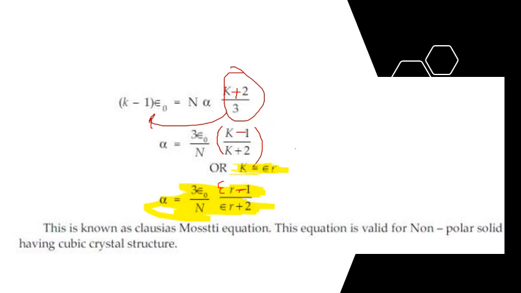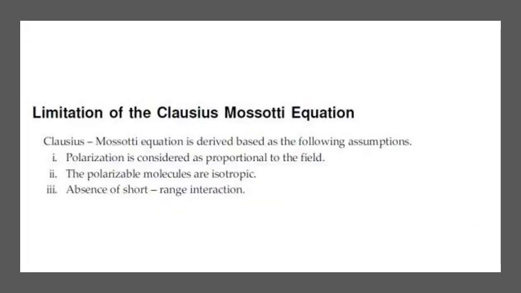This equation is known as the CM equation or the Clausius-Mossotti equation. We have obtained the Clausius-Mossotti relation. However, this has several limitations.